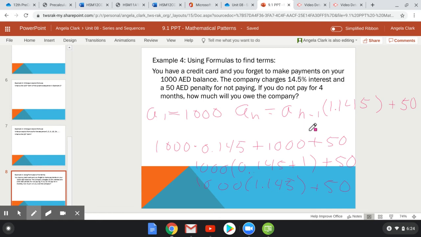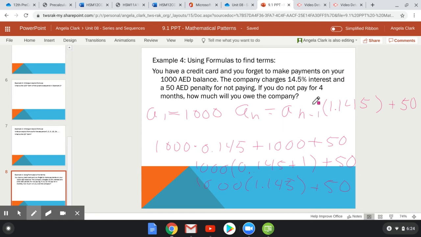So that means that I can now find my series, right? I can plug in the previous term to find the next term, and I can find as many terms as I need to figure out what my payment is as the months go by.